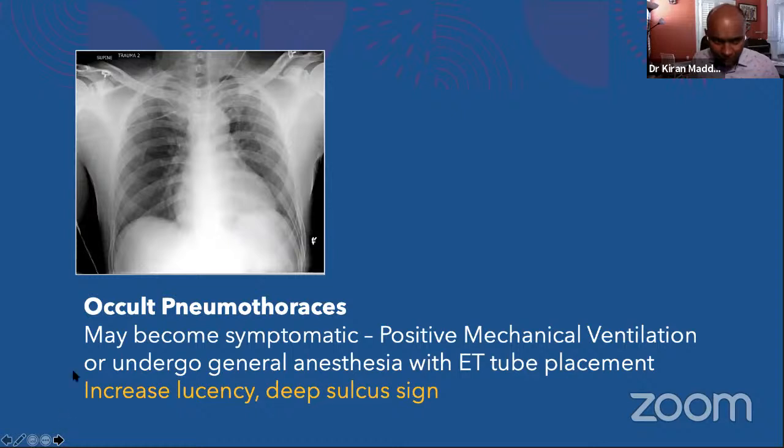Good job. So what are occult pneumothoraces? This is one important thing. This is a patient who came with shortness of breath, not a significant mechanism of trauma. Whenever I talk to clinicians, I ask, what is the mechanism? I don't want to know what exactly happened during the accident.